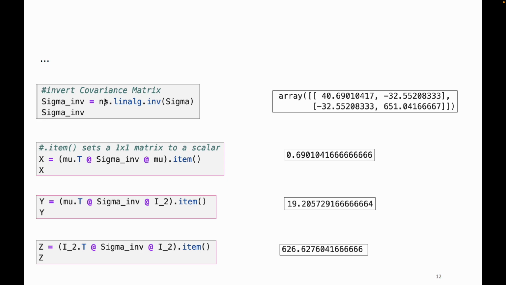Good. So what I'm doing here is, within NumPy, there is a linear algebra package, and that package has a function, or has a method called inv. Yeah, so I put in the sigma, I compute the inverse. And here is what the inverted covariance looks like. Right? And you already see the covariance matrix doesn't look now that pretty anymore, because you already have now bigger discrepancies on the main diagonal.